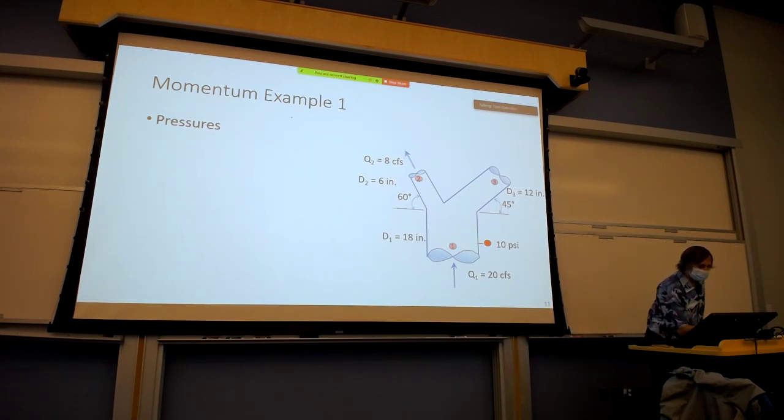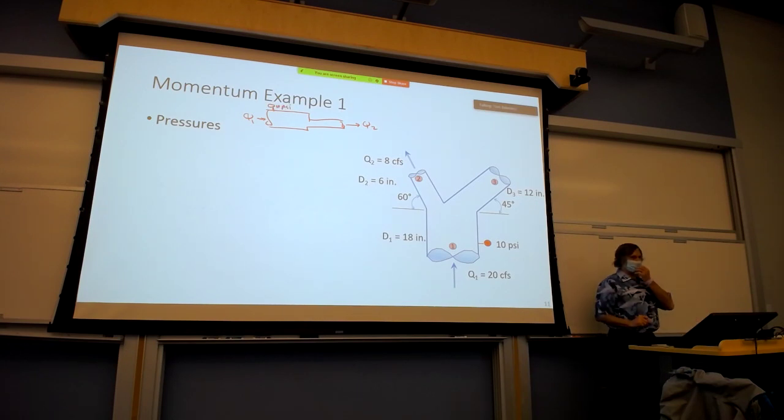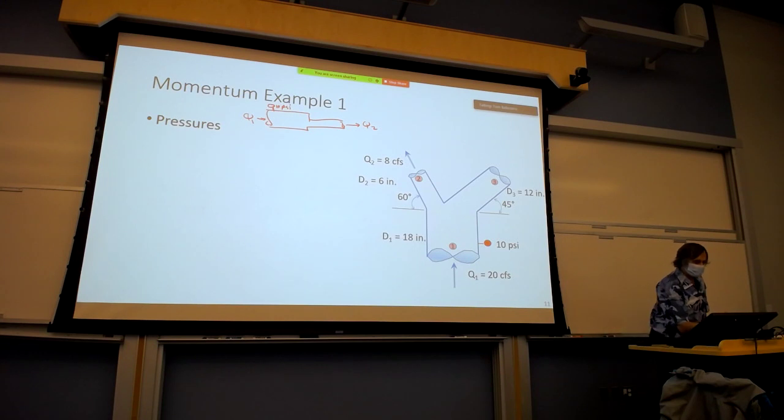And let's go, for example, from 1, which is an 18-inch diameter pipe, to 2, which is a 6-inch diameter pipe. And we know that we have 10 psi at location 1. We also said that along the center line, z is equal to 0.